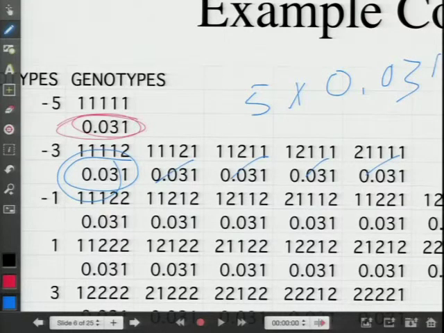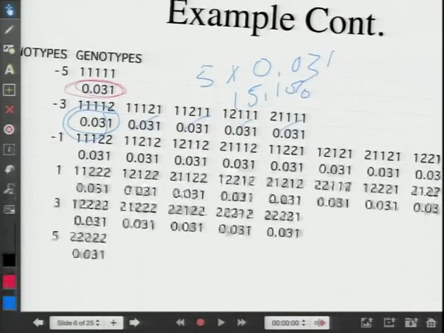So what's the frequency of that phenotype in the population? 5 times 0.03, right? 15%. The genetic architecture is exactly the same, but you have one way of getting this from any one of the 5 loci, and it doesn't matter which one, so this is a more common phenotype in the population.